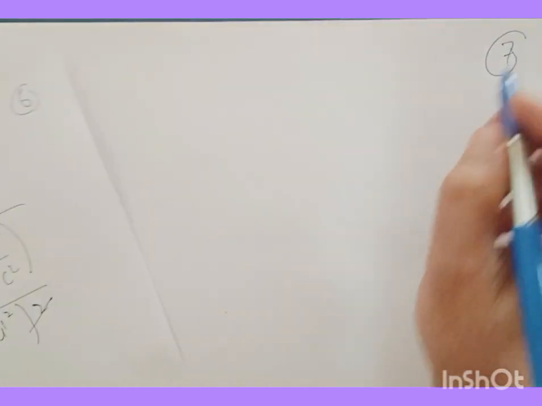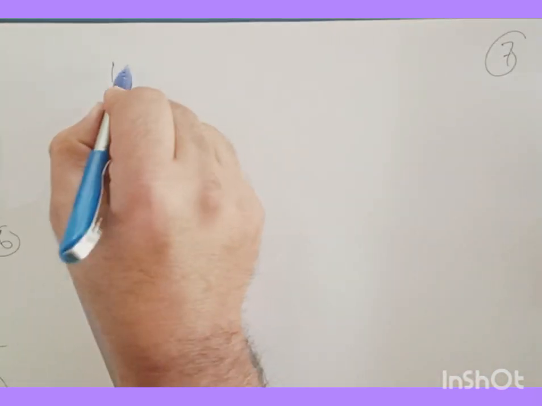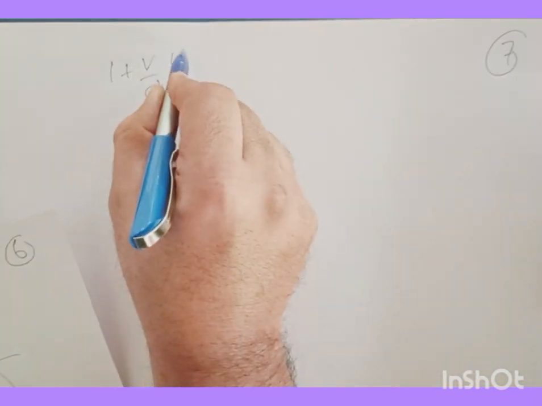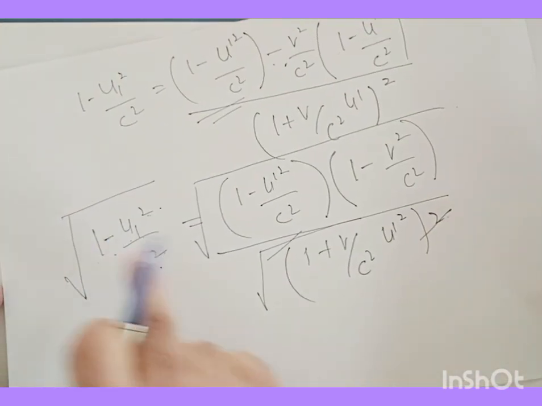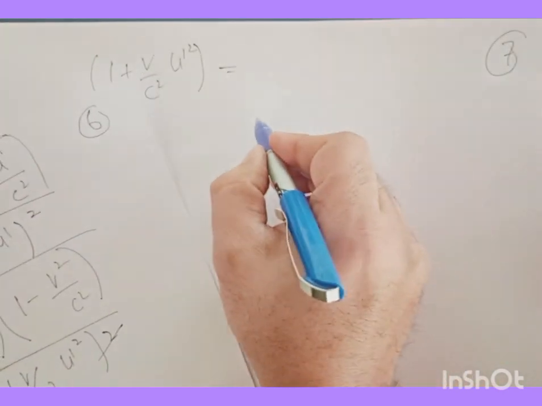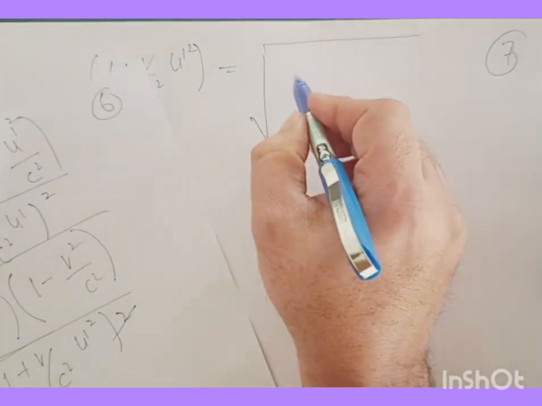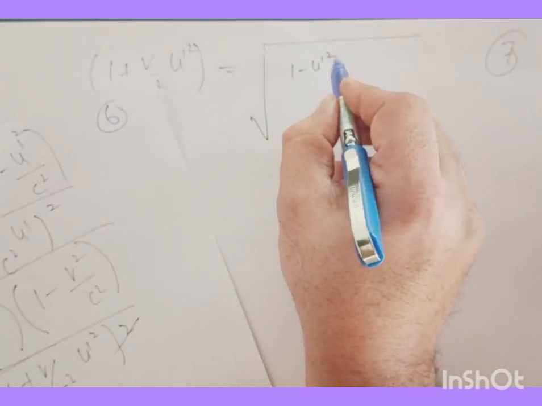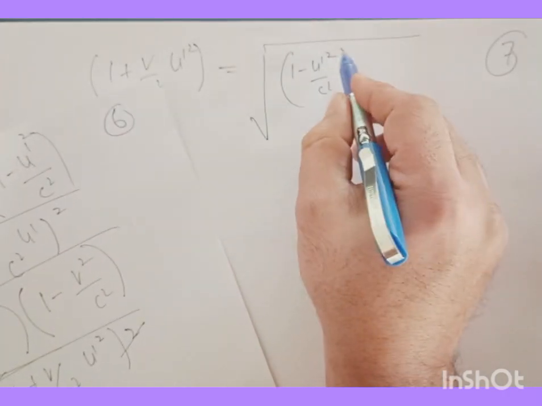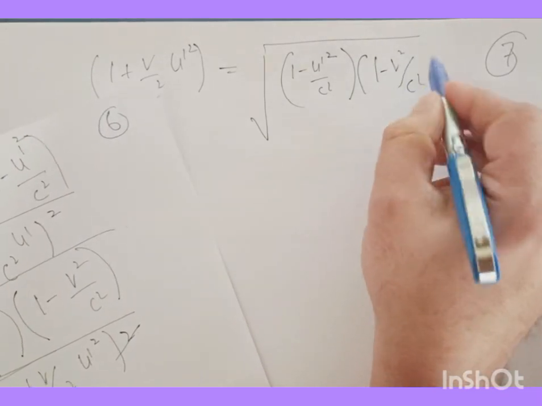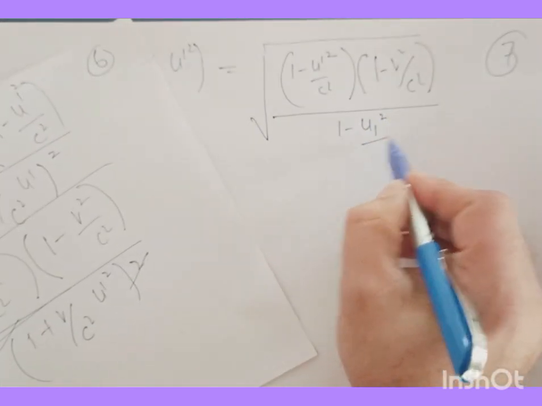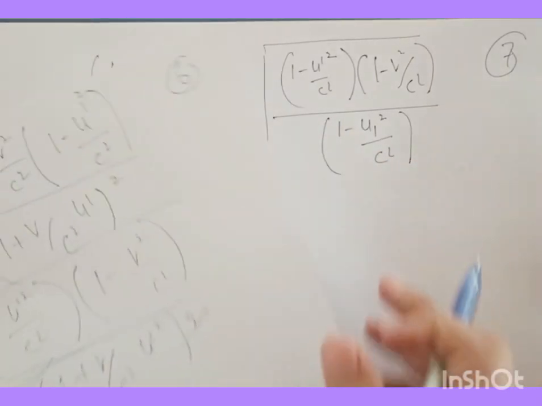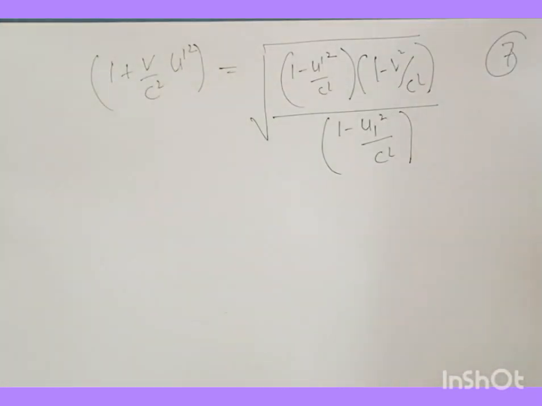What we'll be left with is 1 plus v by c square u dash square. This will be equal to, and we'll get this down to the denominator, so this whole thing will come under root: 1 minus u dash square by c square times 1 minus v square by c square, divided by 1 minus u1 square by c square. This is the equation that we have achieved.